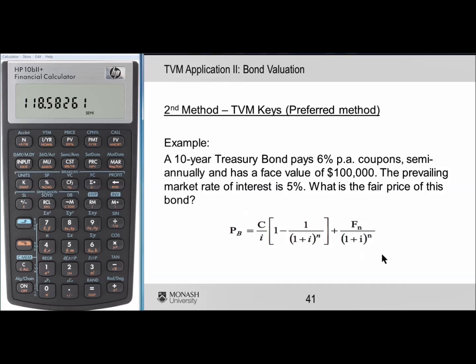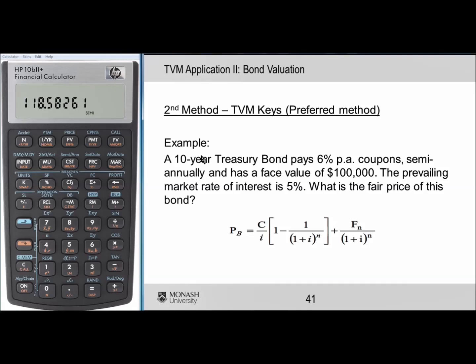By referring to the formula, the price of the bond is equal to the PV of all coupon payments, which is an ordinary annuity, plus the present value of the face value payable at the end of the maturity. This is just taking the present value of a single lump sum. So in this case, it is easier to use the time value of money keys.